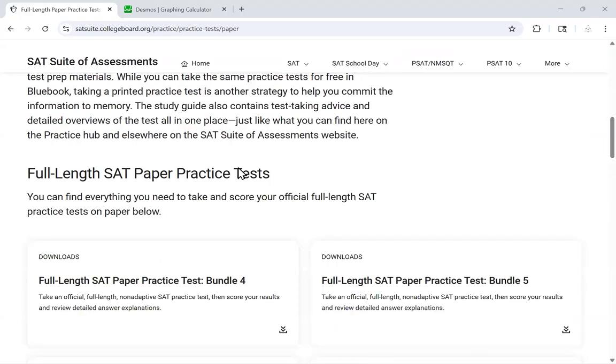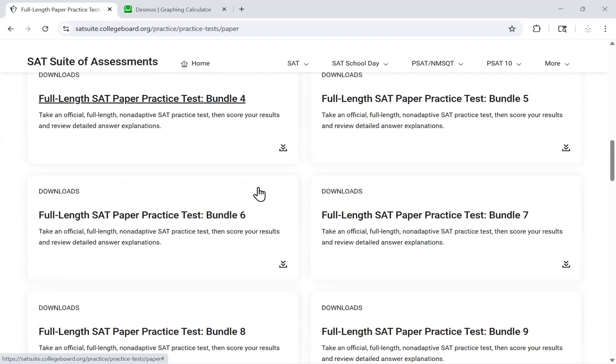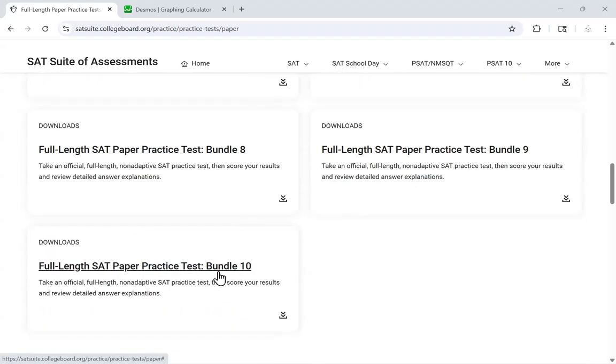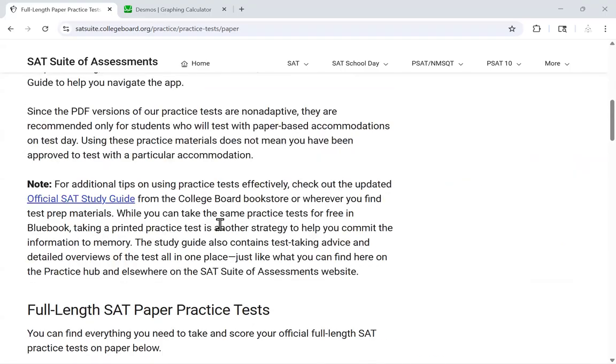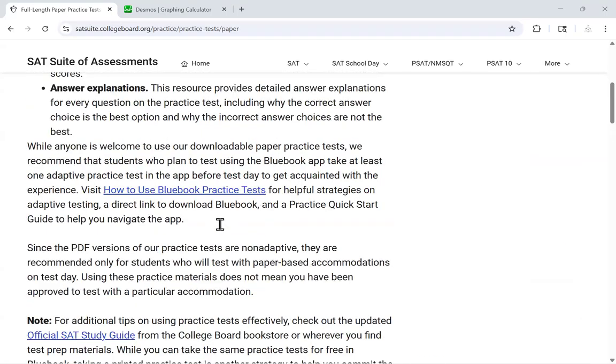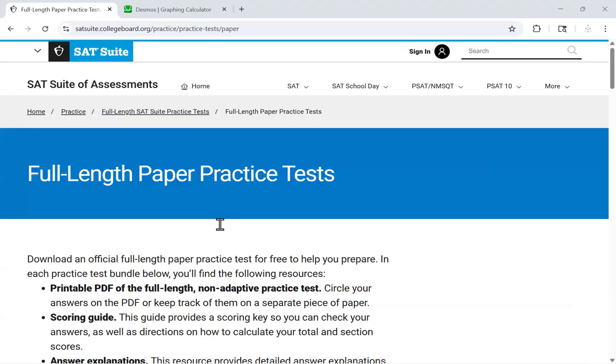But as of 2025, they took away bundle 1, 2, and 3, and now the bundles start at 4 and go on to 10. But this practice test still exists. Again, you can find it in the link in the description of this video.